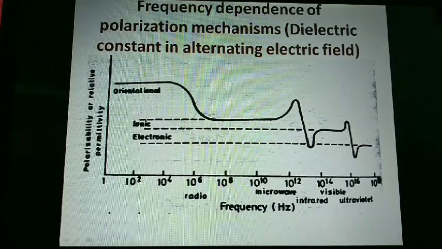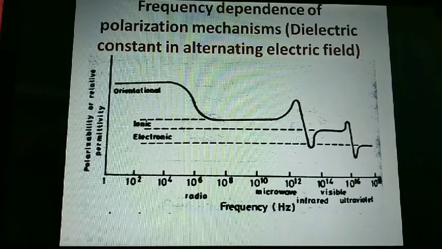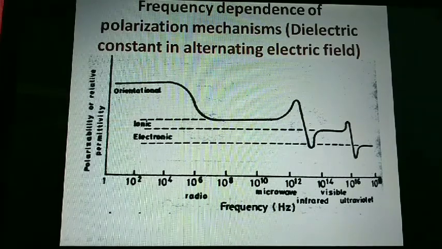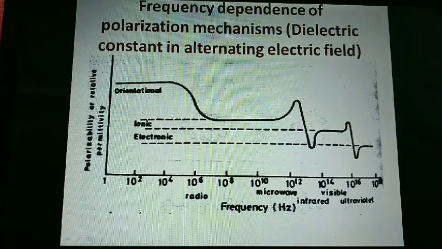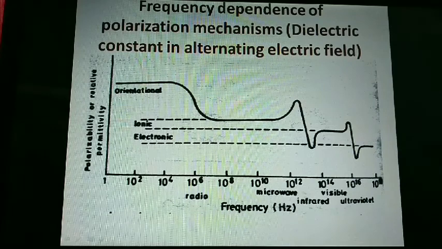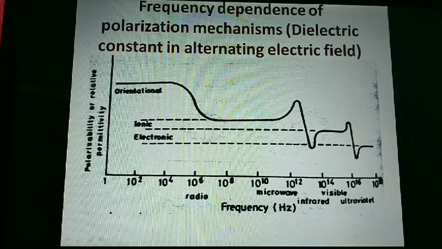As long as the frequency remains smaller, for example, when it is below 10 power 6 Hz, dipoles can follow alternations of the field, and the dielectric constant retains the value equal to that in the static field. Whereas when the frequency exceeds this range, the dipoles cannot follow the speed of alternations of the field.